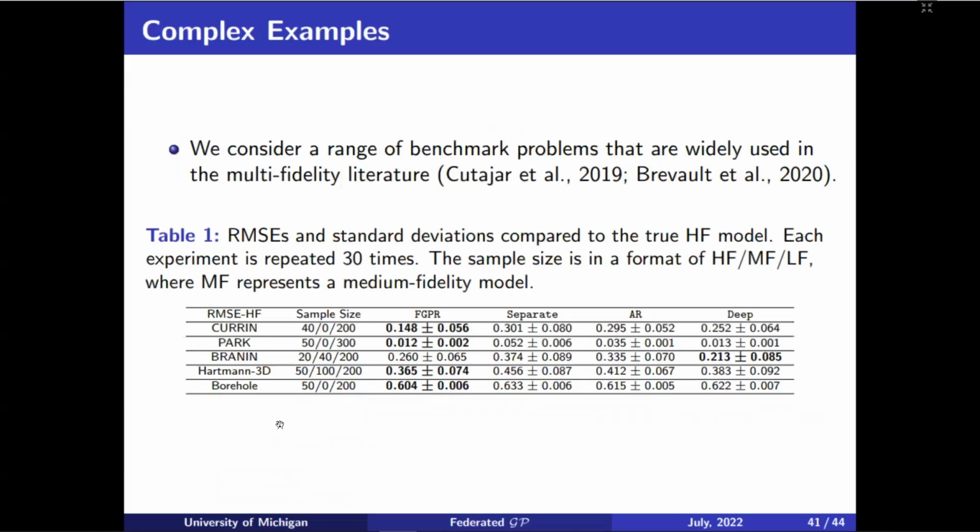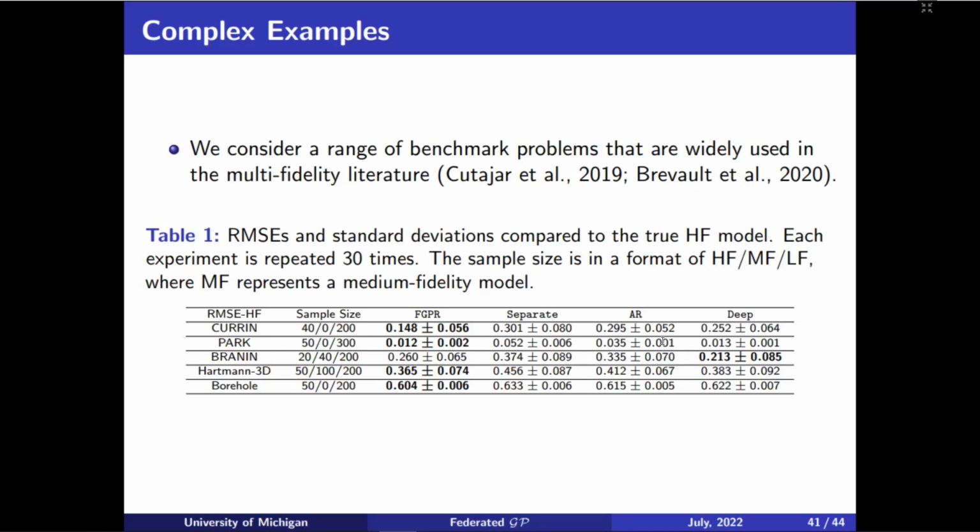Now, we also consider several more complicated datasets, for example, the current dataset and the borehole dataset. For detailed information on the setup of these datasets, please refer to our paper. We compare the FGPR with several state-of-the-art multi-fidelity modeling approaches, such as the autoregressive model and the deep Gaussian process model.